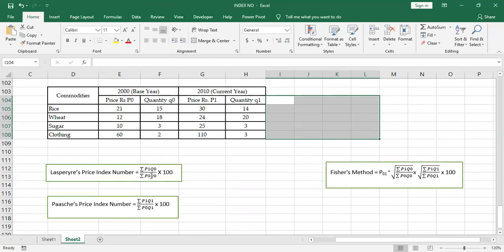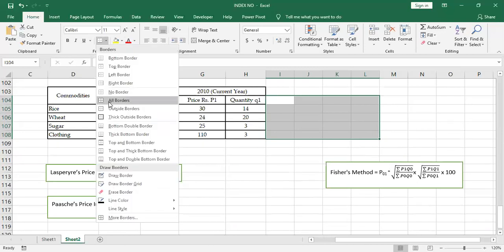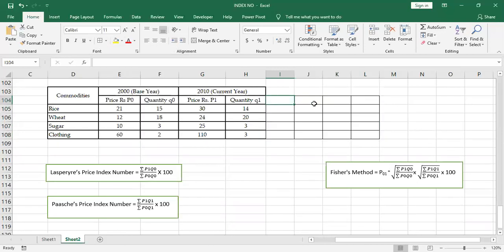We have to calculate P1 Q naught. Have a tabulation. We have to calculate P1 Q naught, next P naught Q naught, next P1 Q1, next P naught Q1.